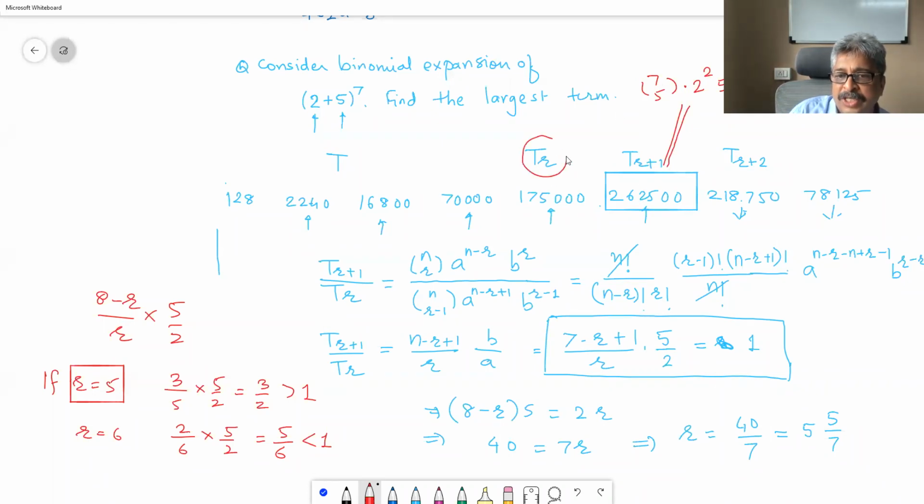Majority got this value in the first place, maybe because you compared the two middle terms, this and this, and found this one bigger and reported it. But actually the next term is the largest.